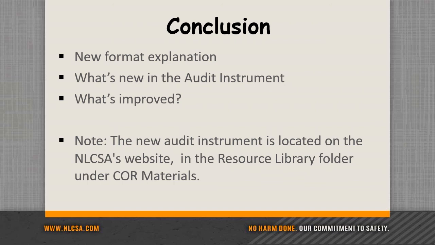If you just want the audit instrument itself without the guidelines, then that's available for you too. If you want the extra audit site information forms, then once again you can download that as well. We are currently working on a fillable PDF version of the audit instrument, and that will be available as soon as that's completed, and we'll probably notify everybody of that in one of our media releases.